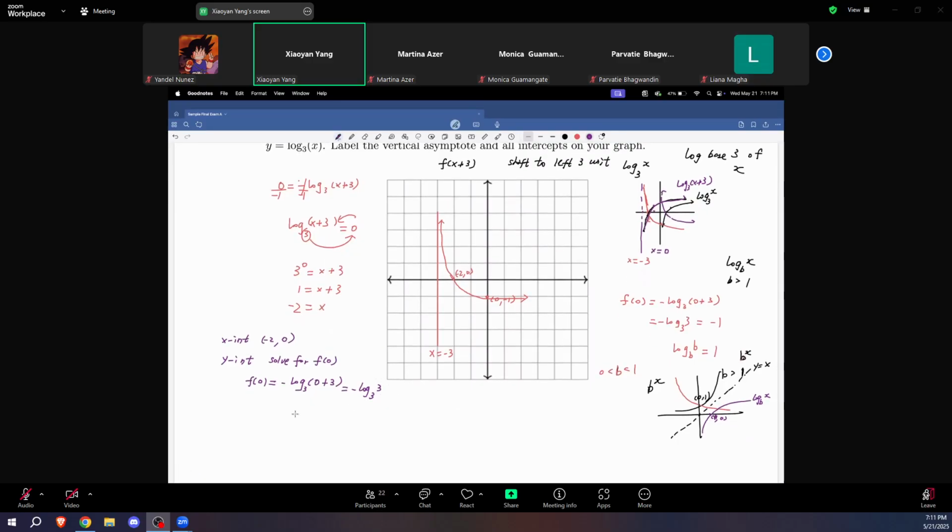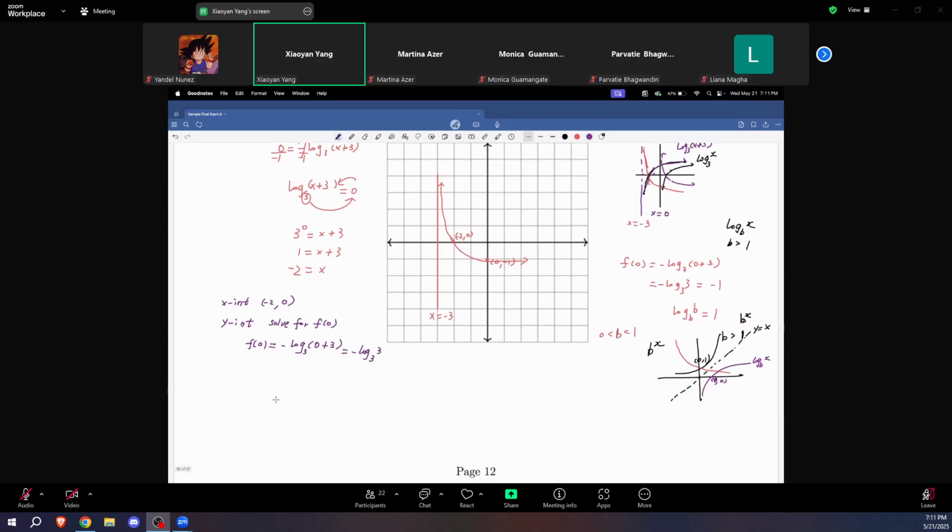Let's look at the very basic log definition one more time. If we have an exponential b to the x and a log base b of x, and we compose them with the same base, they cancel, equal to x.